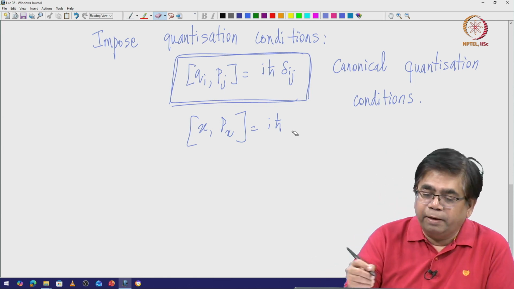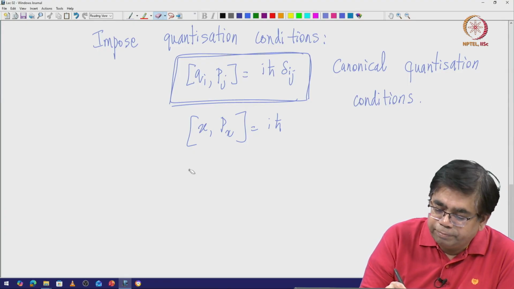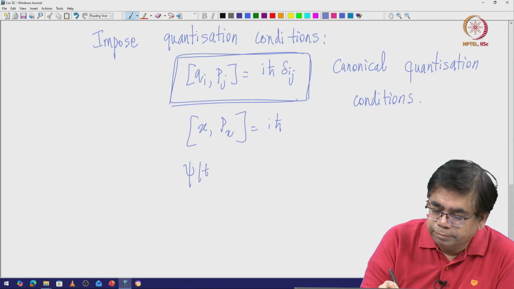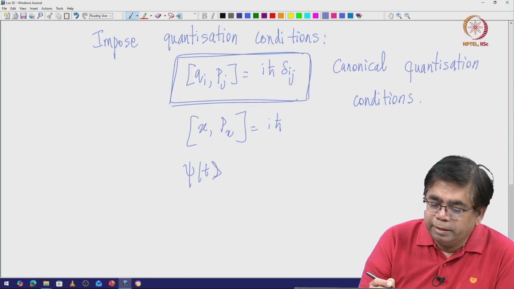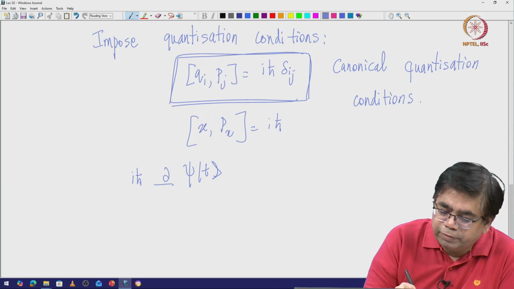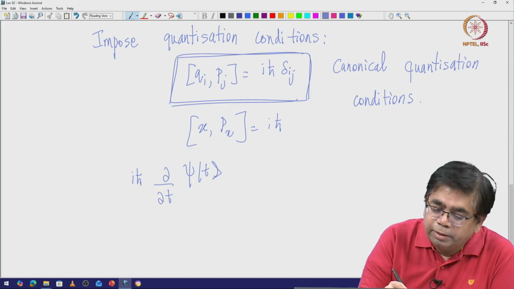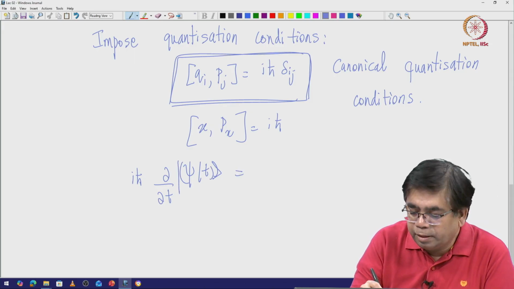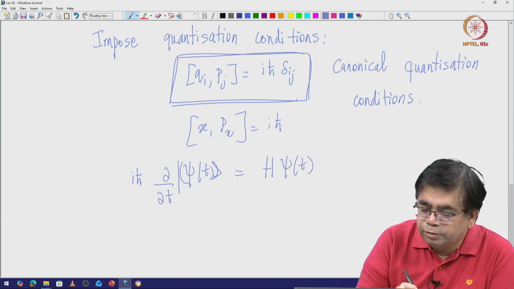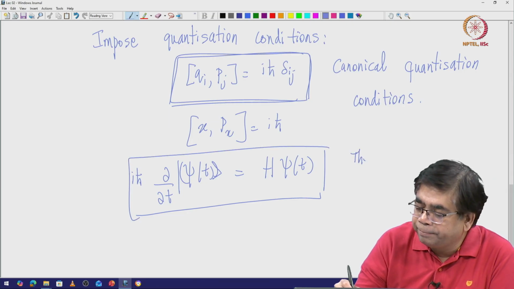Now if you have a state, say psi of t, all of you know that if I want to see the time evolution of the state psi of t, it just becomes the operator H acting on psi of t. So the Hamiltonian is nothing but the time evolution operator.